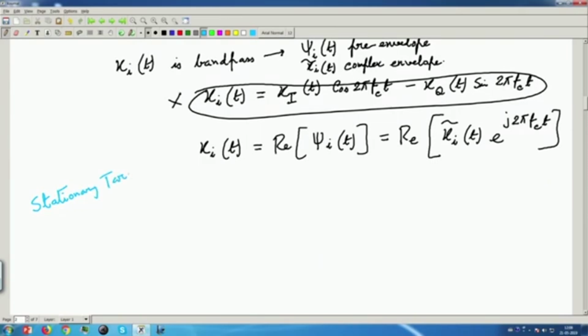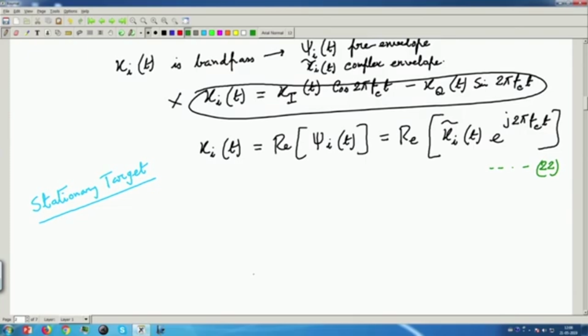So, to start with, I am having this simplified assumption, later I will remove that assumption. So, stationary target, before that just give this thing a name. So, let us say this is our equation 22, because we will be heavily using this, the actual signal, real signal and the complex signal, what is their relation in terms of the carrier frequency.